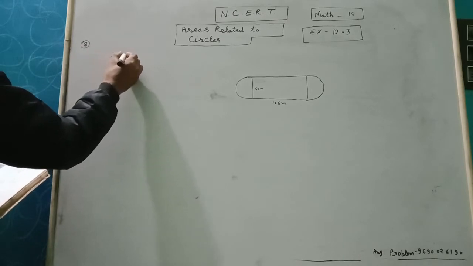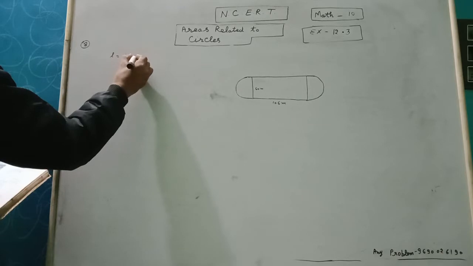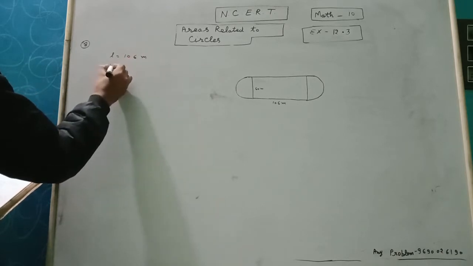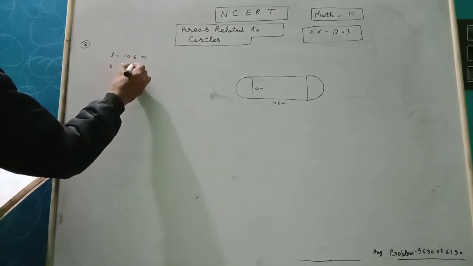L is equal to 106 meter, B is equal to 60 meter.